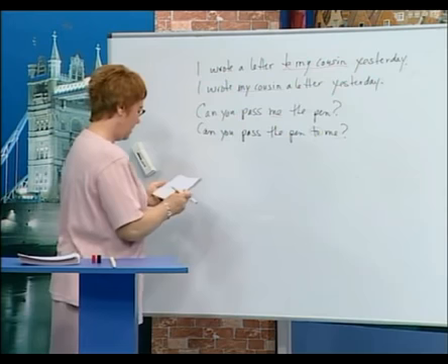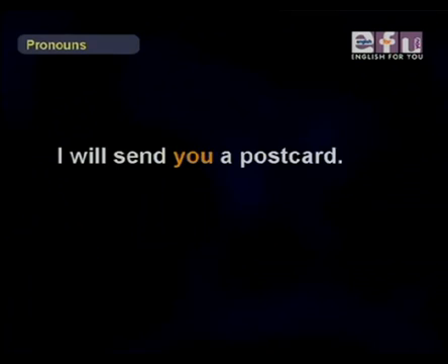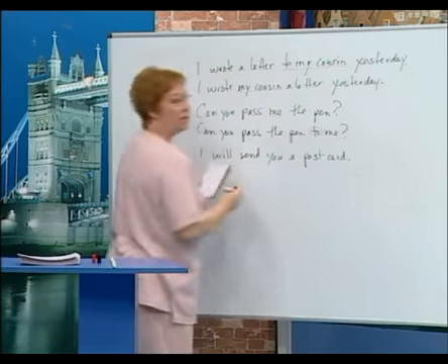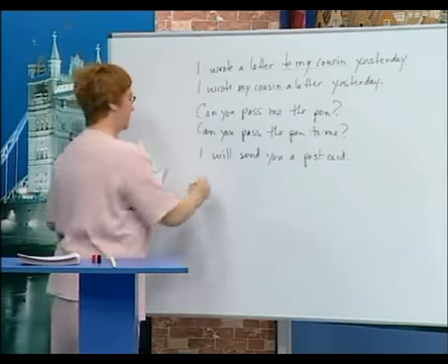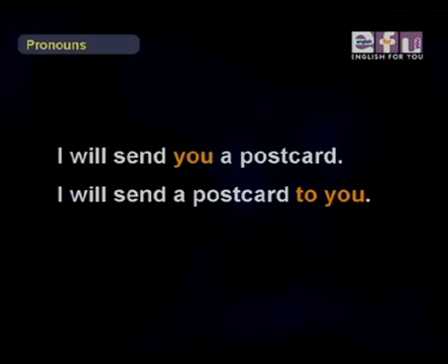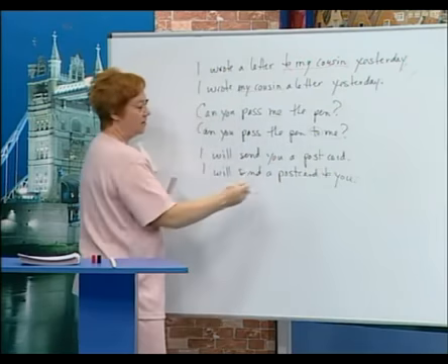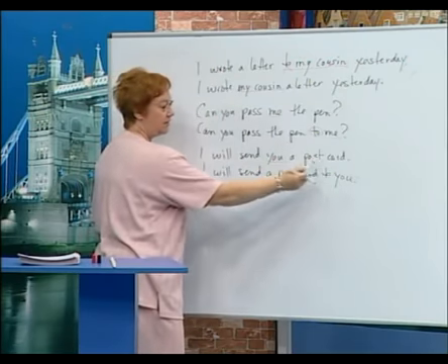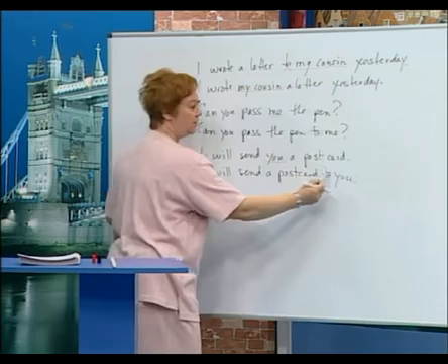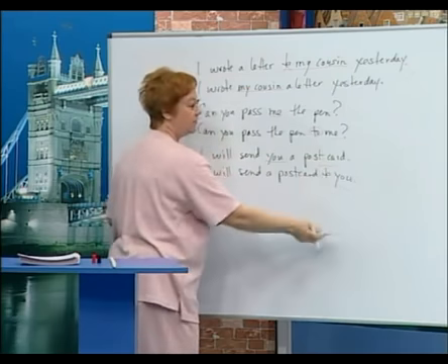All right. And I will send you a postcard. Okie dokie, Isabel. I will send a postcard to you. Again, we took "you," because this is the direct object, "you" becomes "to you."